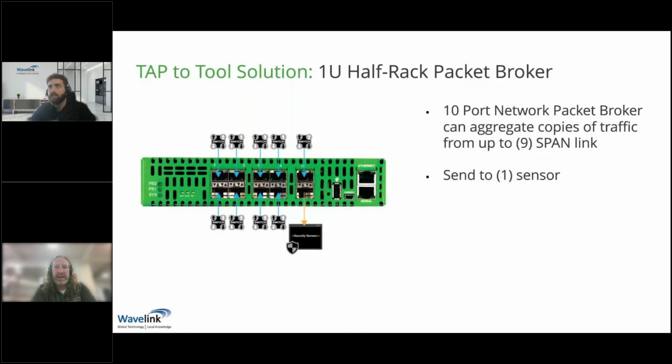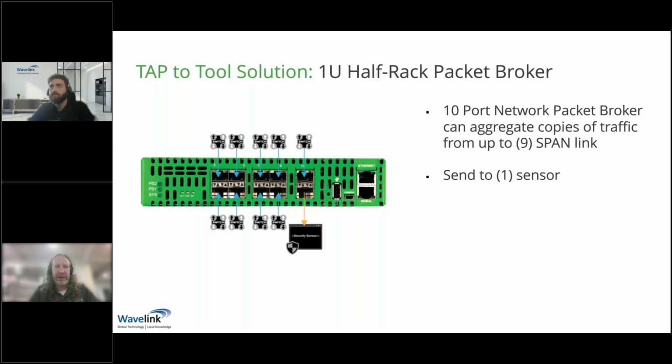This is a 1 gig, 10 gig solution. So what's nice about this is we can bring in 1 gig or 10 gig, and we can also do speed and media conversion here. So your sensor could be 1 gig or 10 gig. And with the packet broker technology as well, we could also do some filtering if required.